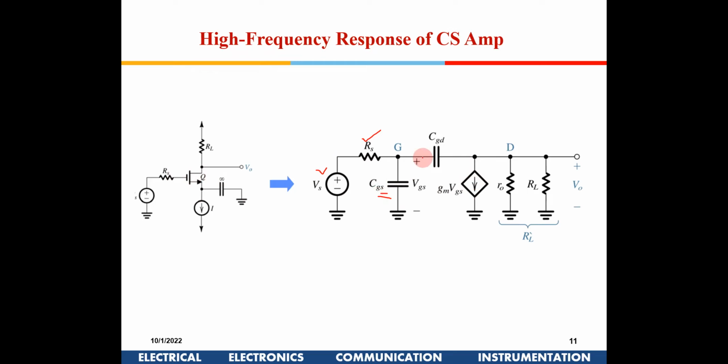Then from here to here we have a CGD. This is an additional capacitance which has come here, along with CGS, gm Vgs, and this is ro and CL. So these are the capacitances, and that has been represented in this circuit.